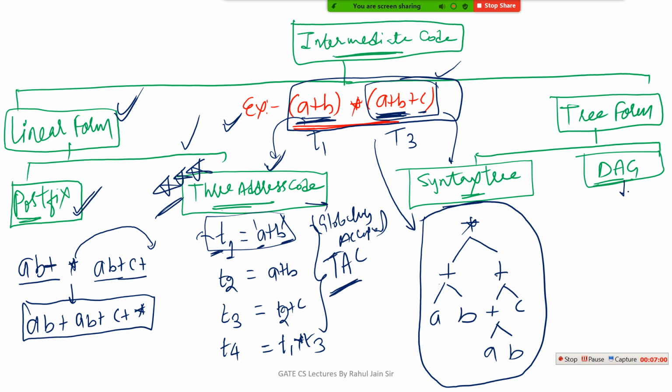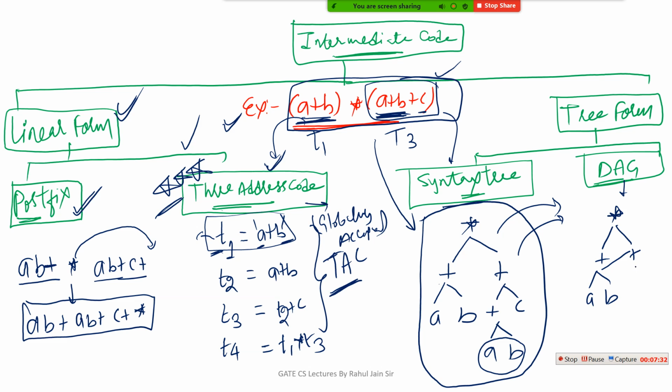And if we consider DAG, directed acyclic graph, you can say it is a more efficient version of the syntax tree. Why is it called a more efficient version of the syntax tree? Because here it will add a plus b, and if you check here, a and b are again added here. In a directed acyclic graph, if a value is added already, it will not do this operation again.